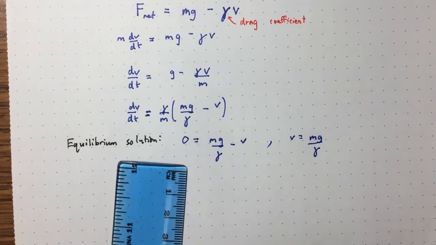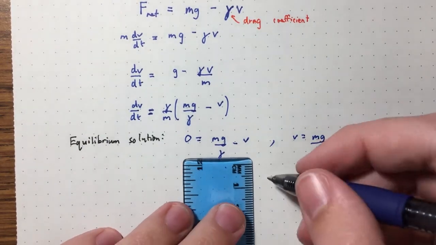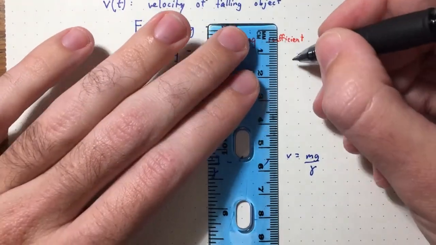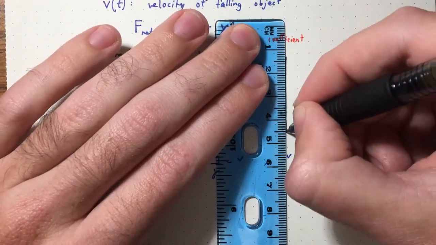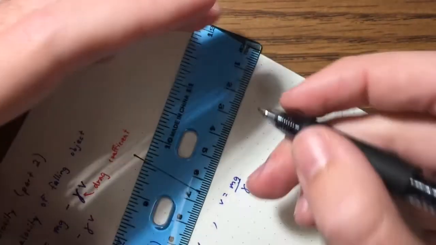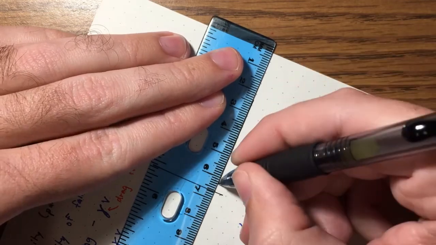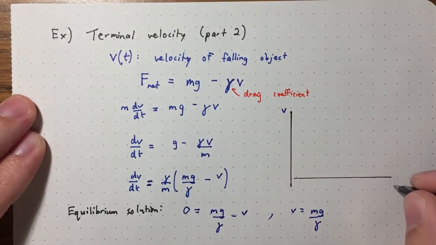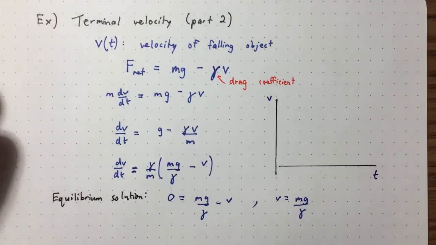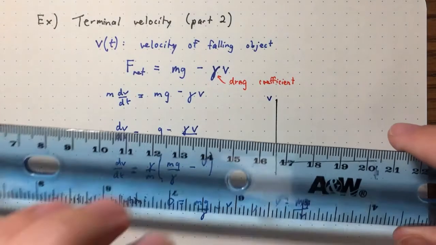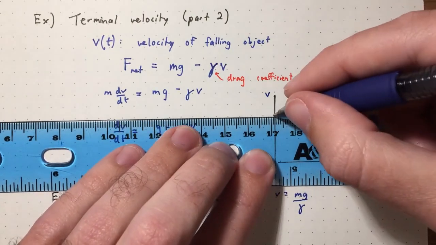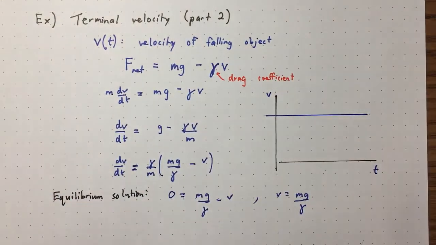All right, so let's draw it up here actually. Here's v and here is t. And we have an equilibrium solution at mg over gamma.